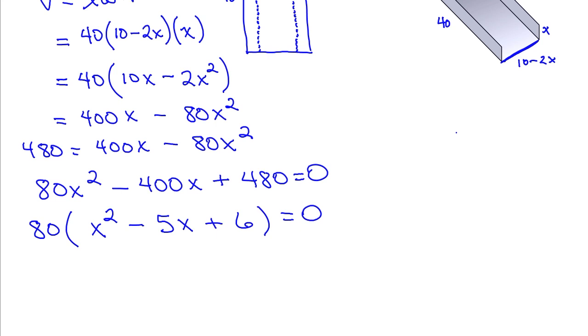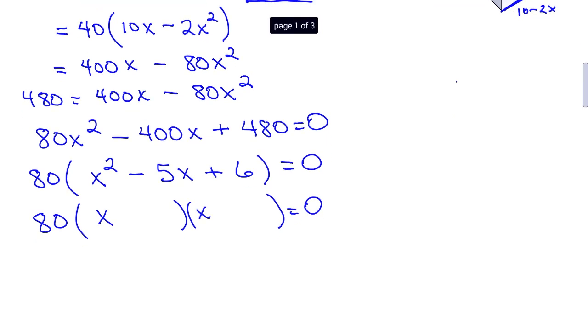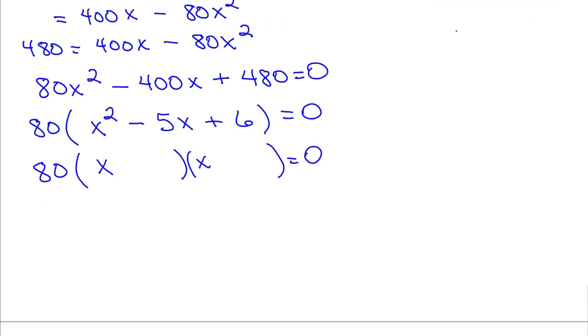This one factors x and x. And then what numbers multiply to give you 6 and add together to give you 5? That would be 2 and 3. We notice that the signs have to be negative.